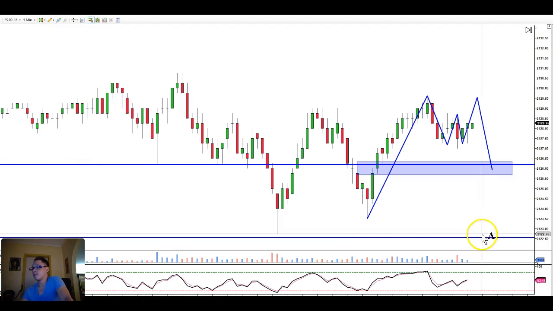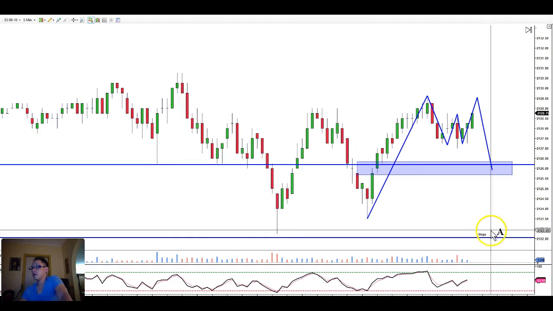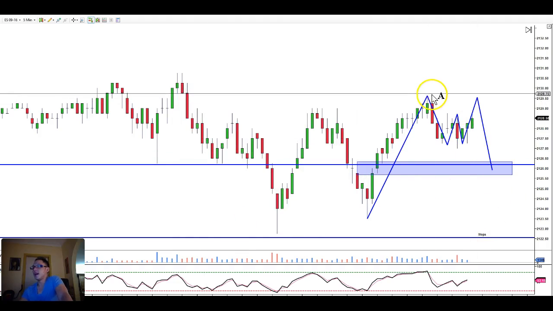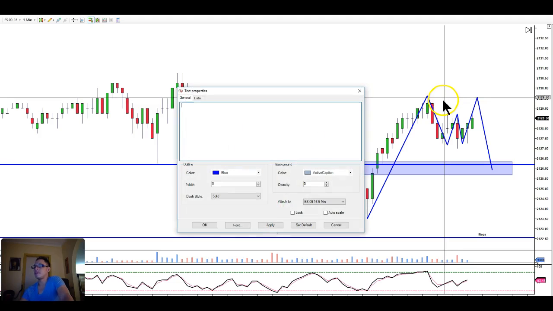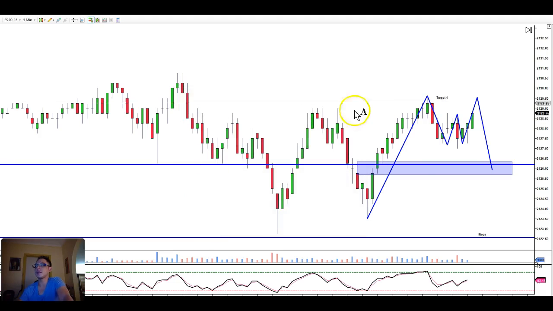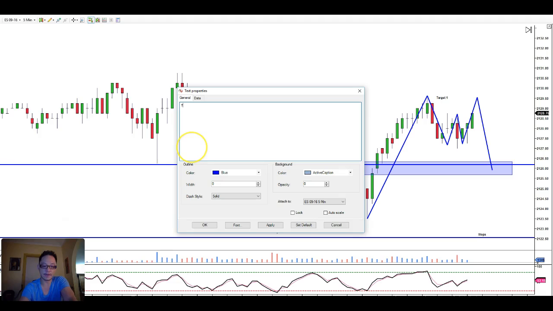Stops, we'll go about here. And my first target will probably be about there. So I'll close the first position there, and the second position will probably go somewhere around up here, or I might leave it to completely trail altogether.